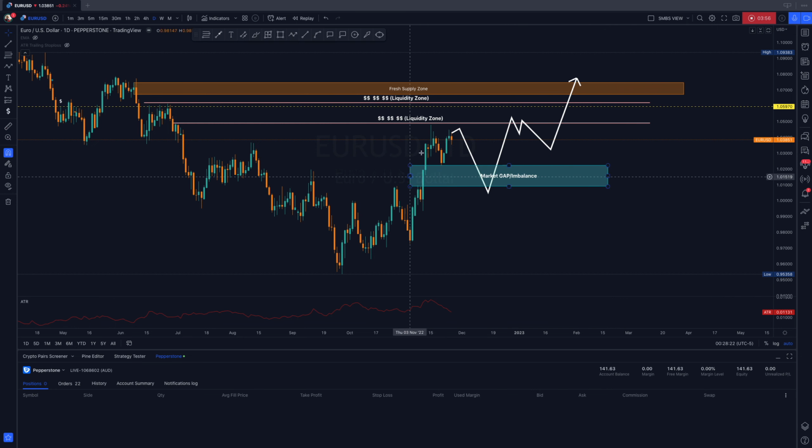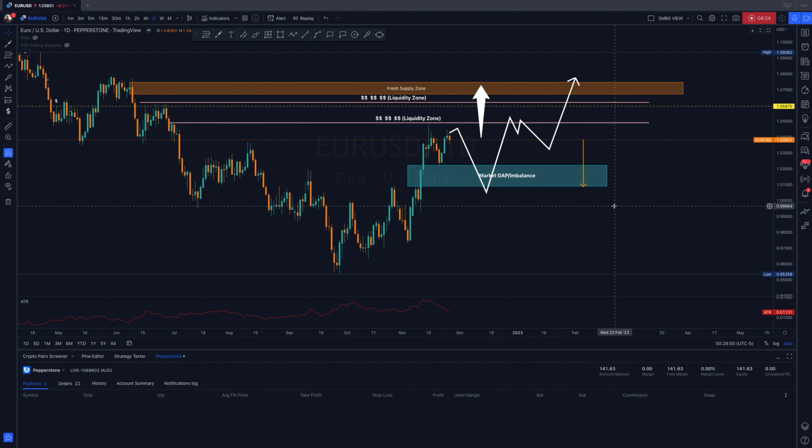Alternatively, another thing that price can do on Monday is that the market can just open up and decide to go all the way, clear this liquidity zone, into that fresh supply zone. Another way that price can go is to come on Monday, and from here, continue going down all the way to this market imbalance, as the chart had said.